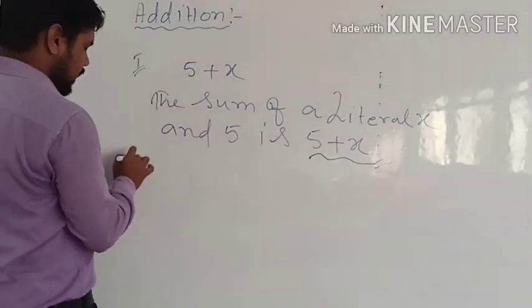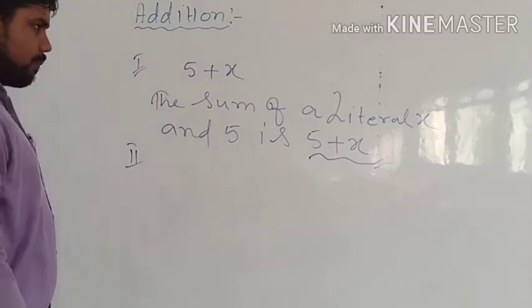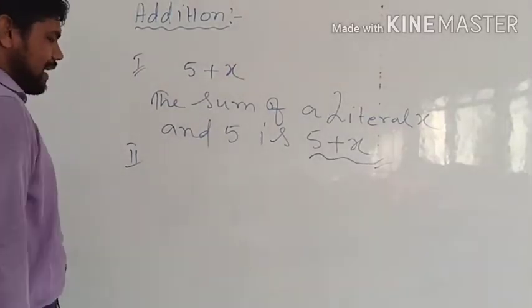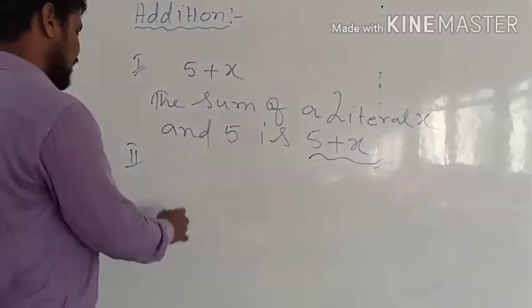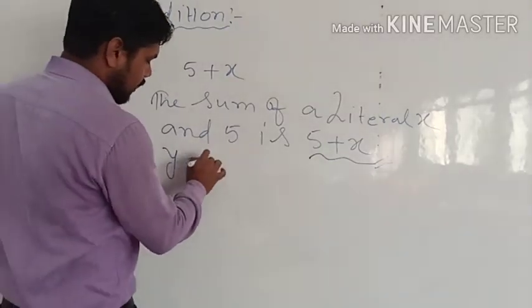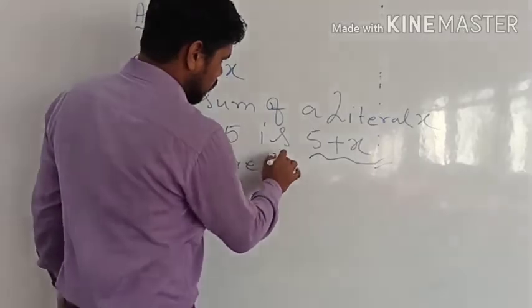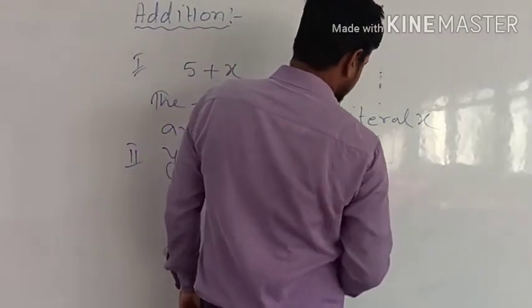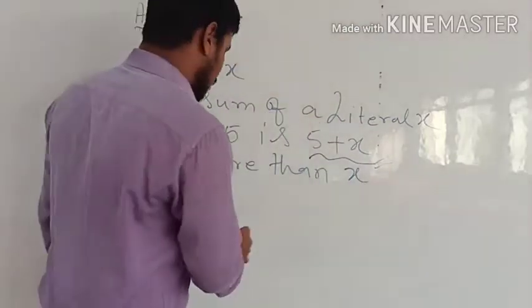Now we have the second thing to keep in mind. If it is asking x more than y or y more than x, suppose it is asking y more than x. So y more than x means what?